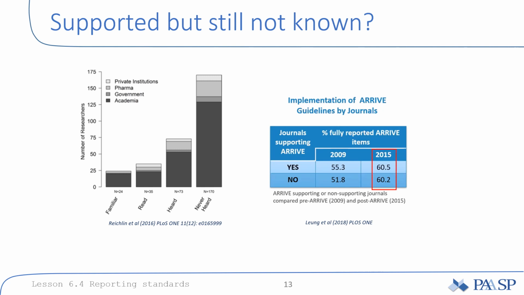And what you can see is that there's almost no difference between journals supporting and not supporting the guidelines in terms of fully reported ARRIVE items. And there's almost no increase in the percentage of fully reported ARRIVE items between 2009 and 2015, and the slight increase is actually the same whether or not journals supported the guidelines. So that means that adoption of the ARRIVE guidelines, unfortunately, is still quite poor.